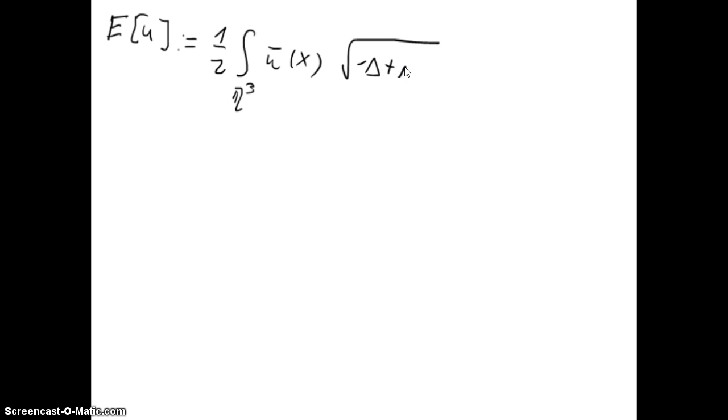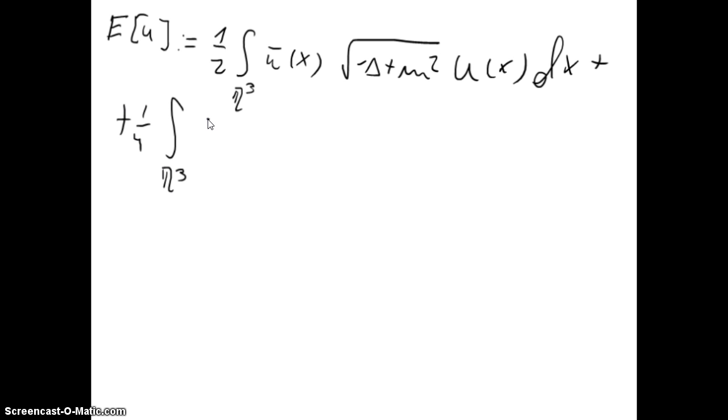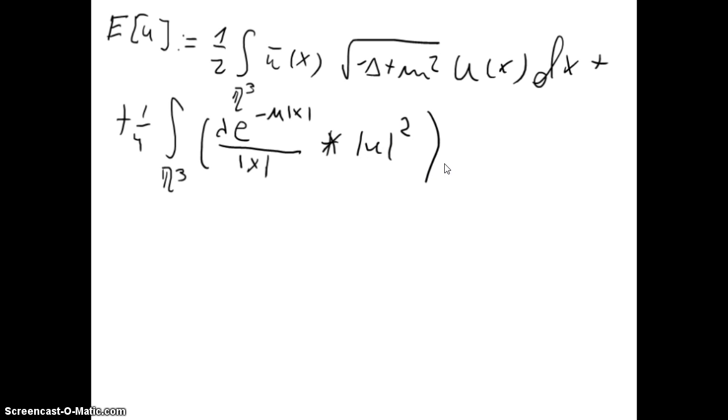So the first step, we're going to settle the conservation of energy and charge. Conservation of energy will be E(u), by definition, 1/2 integral in R^3 of u conjugate times (minus Laplacian plus m squared) u dx plus 1/4 integral in R^3 of lambda (e^{-mu|x|}/|x| convolution u squared) times |u(x)| squared dx.